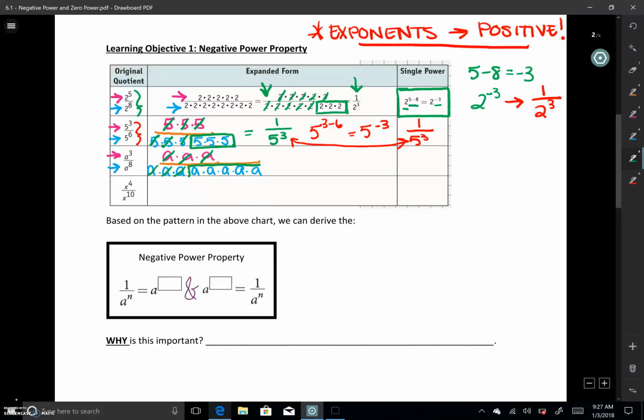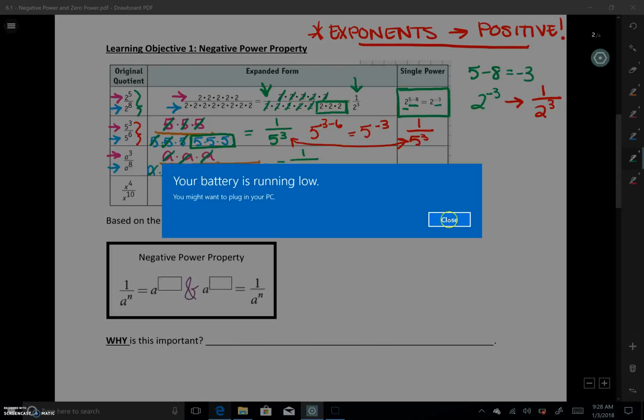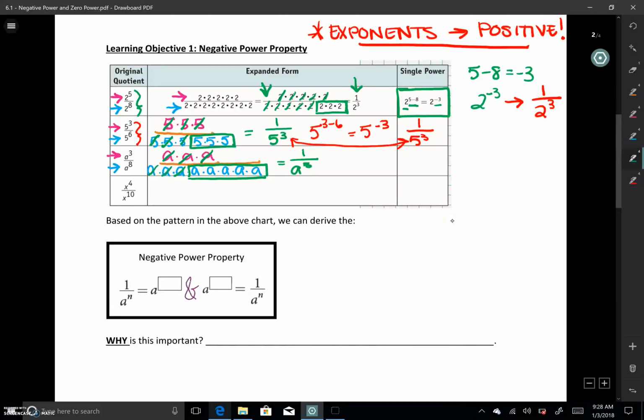What I have left is 1 over a, 1, 2, 3, 4, 5, a to the 5th power. And if I try to do this by quotient of powers, I see here my bases are the same. So I'm going to consider a, and then subtract the exponents, 3 minus 8. That gives me a to the negative 5th. Again, I don't want a negative exponent, so I write the reciprocal as 1 over a to the 5th. And again, here, my answers match. So that's a good sign.